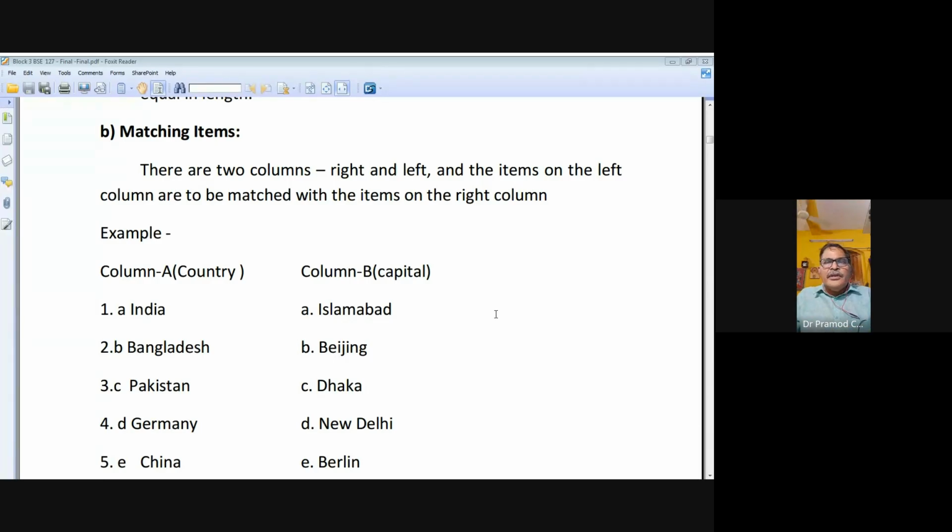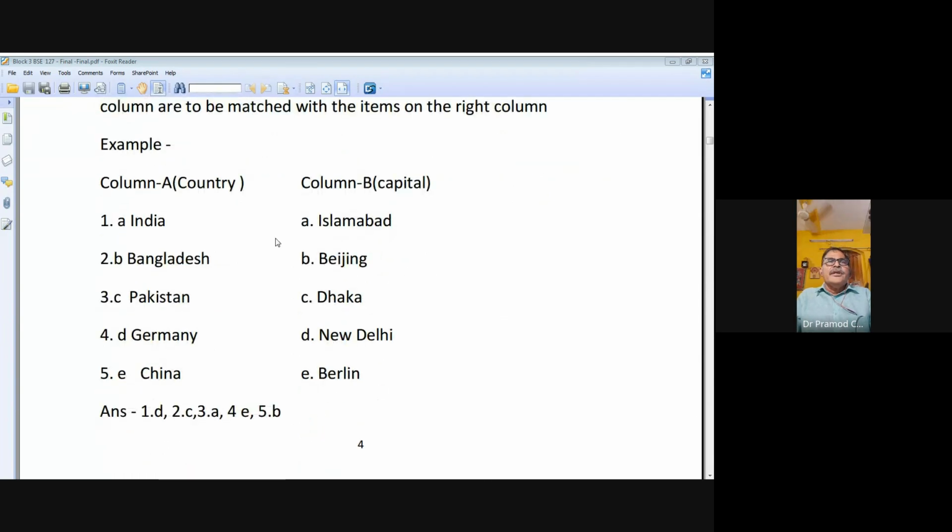The example is on your screen. In column 1 the country is there, column 2 capital is there, then definitely here column 1 India, Bangladesh, Pakistan, German and China is there, then answer should be in the second column, then you will have to link.